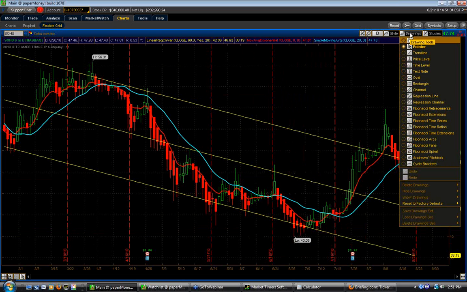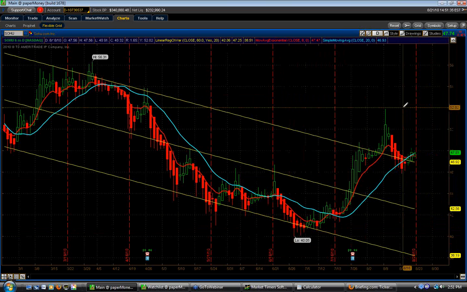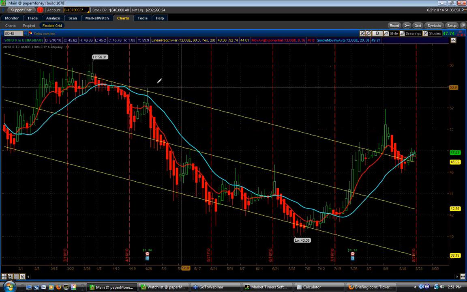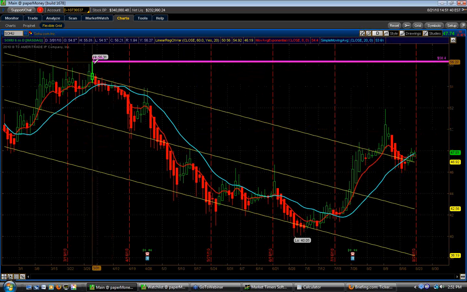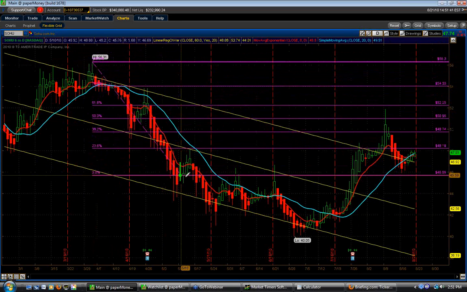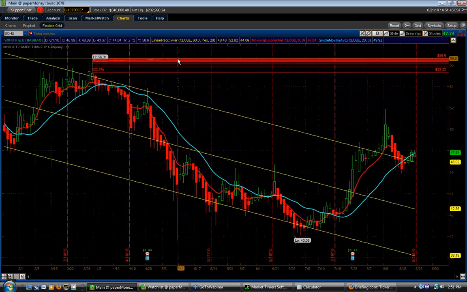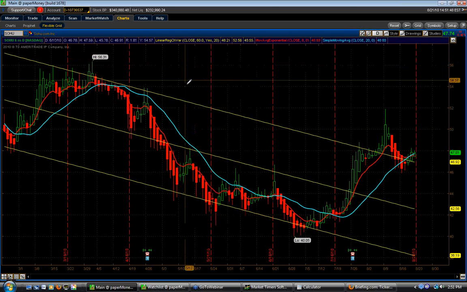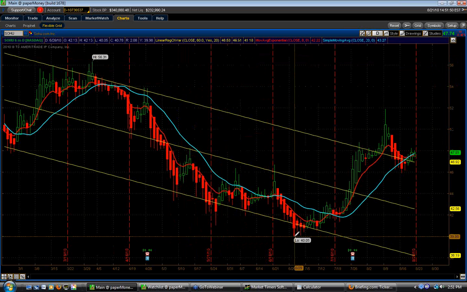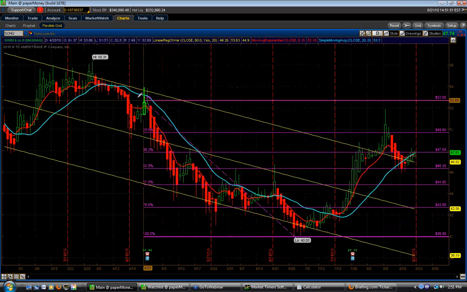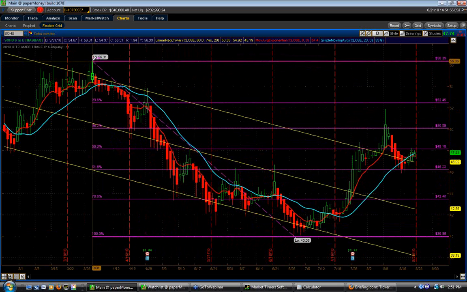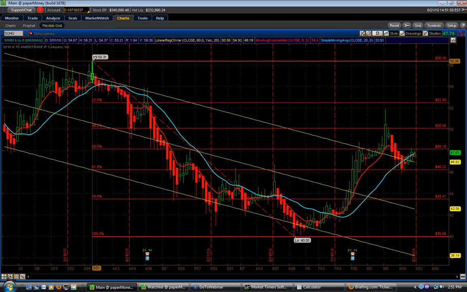Simply go to your drawings, Fibonacci retracements, go from the high, click it. Oops, I did it backwards. Go from the low to the high. I think I did that. No, I think I did that right.